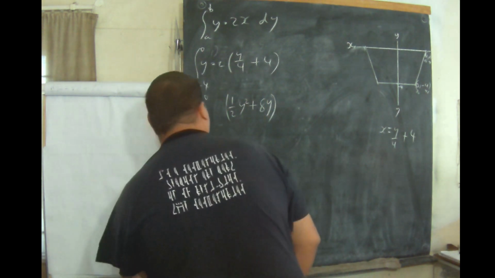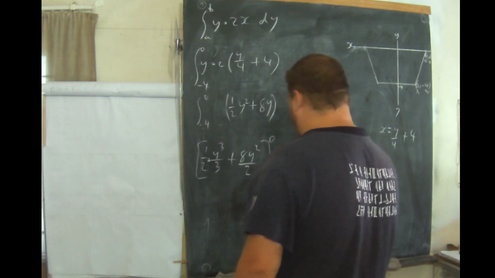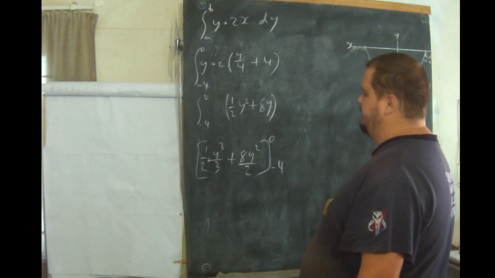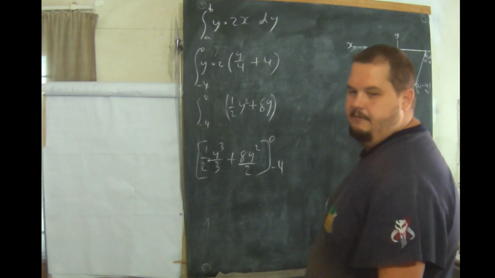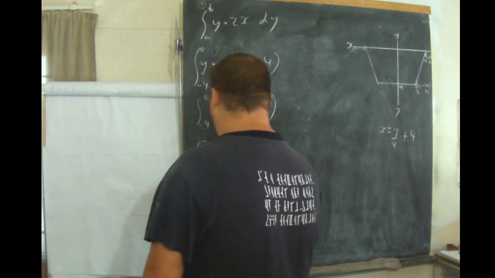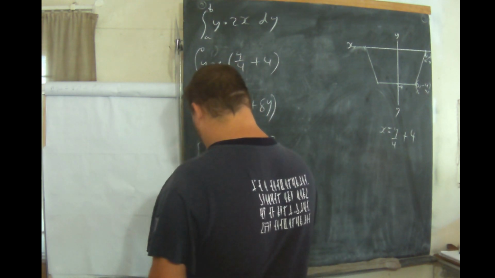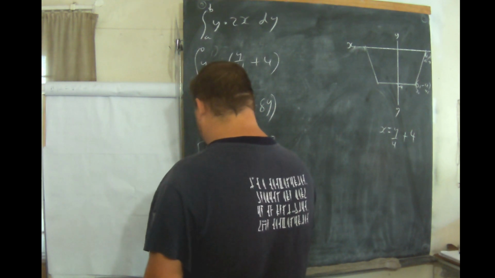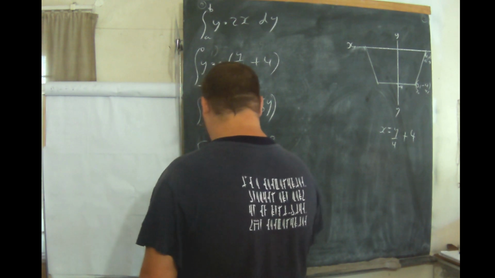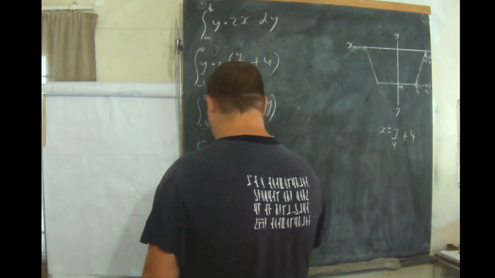What we have now, 0 and minus 4. We only need to plug in minus 4 because the 0 will automatically make everything else 0. So, and now a third times a half is 1/6. So, 1/6 times minus 4 cubed plus 4 times negative 4 squared.